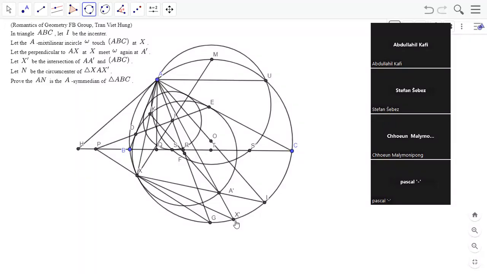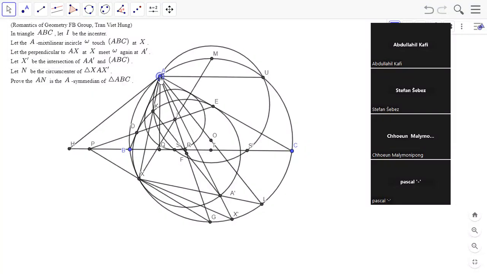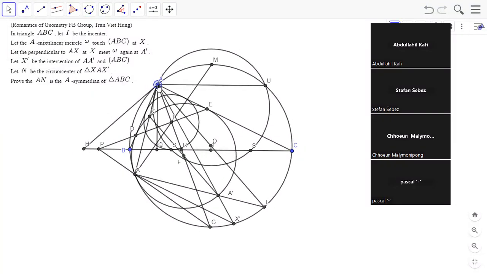Also, one interesting thing is that X prime is actually the tangency point of the mixed linear X circle, the one which touches ABC externally. Really? I did not know that.